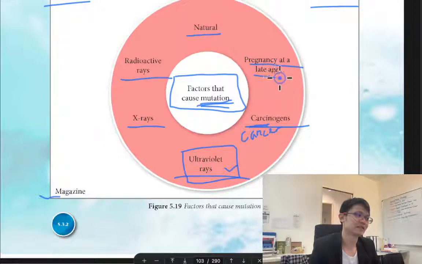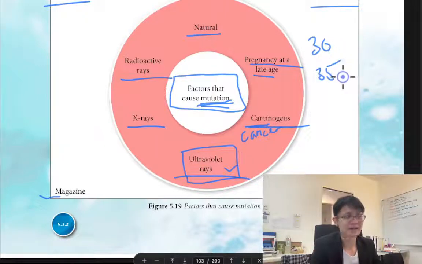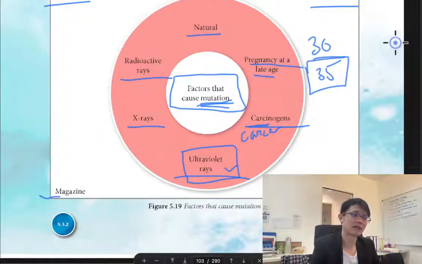Pregnancy at late age, yeah. So last time I heard from my teacher is 30. Sometimes they change it to 35 already, I don't know. So you should get pregnant and have baby before the age of 30 or 35. I would say currently most people agree 35 lah, but the best is 30 lah. So you plan properly.